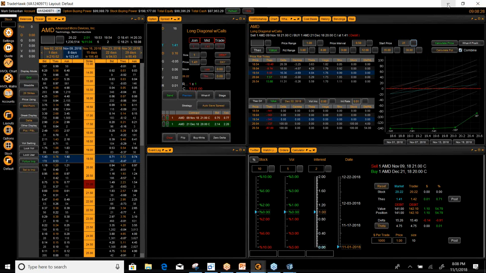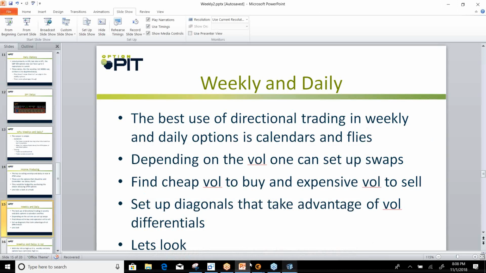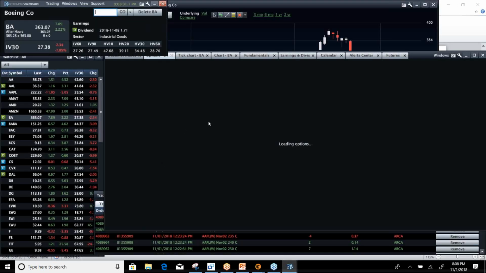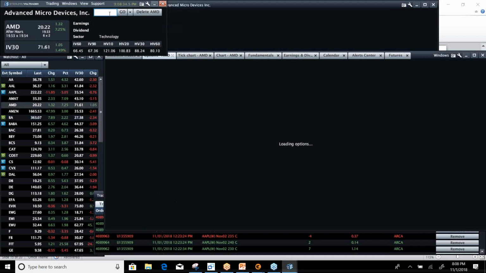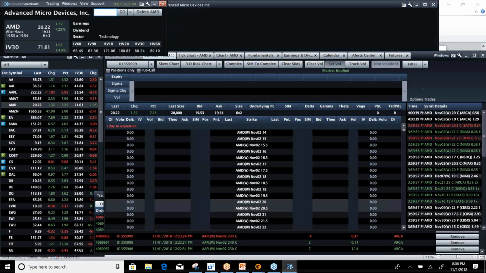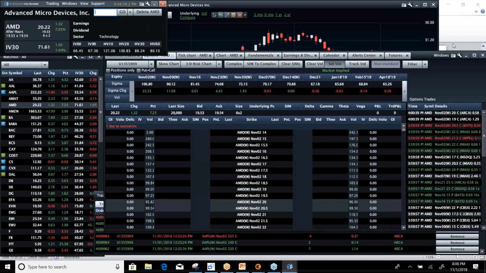Not bad. So what I'm trying to do is really produce cheap decay. I'm trying to produce stuff that lets me express a directional opinion, but uses this crazy volatility to my advantage.